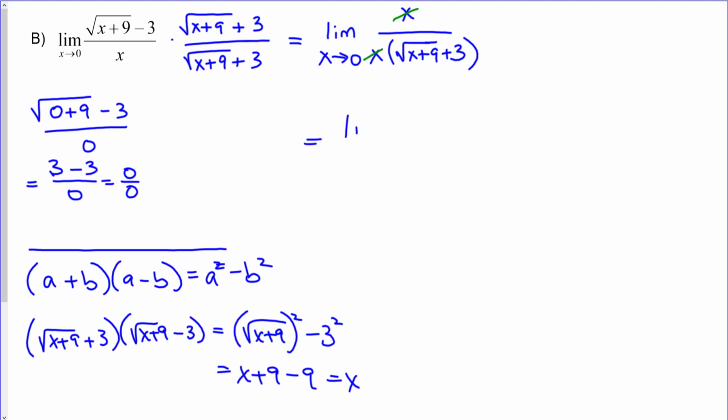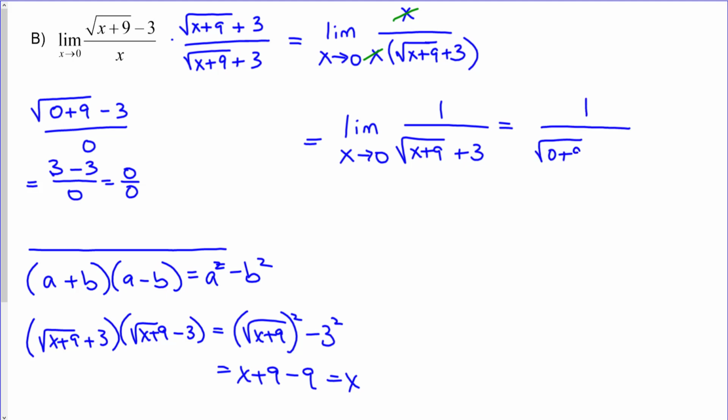So then that's the limit as x approaches 0 of 1 over all this. So that's going to be 1 over the square root of 0 plus 9 plus 3, which would be 1 over 3 plus 3, or 1/6. And that's perfect. Now you have the limit value.